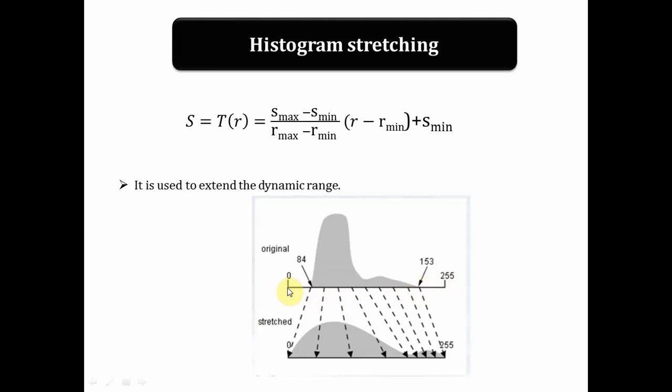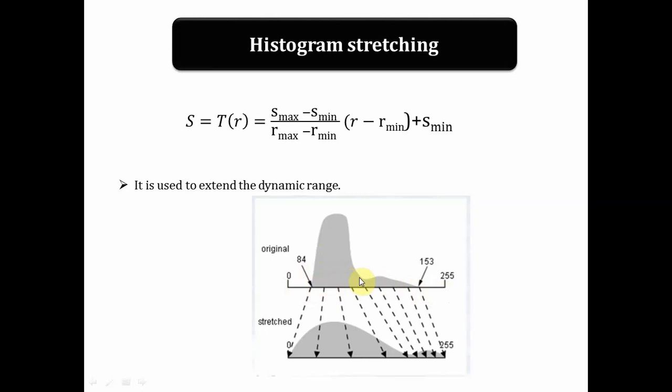It does not start from 0 and end at 255. Whenever I want to start from the minimum range and end at L minus 1, I need to stretch this end to this and this end to this, and I need to distribute the pixel values between 0 and L minus 1.